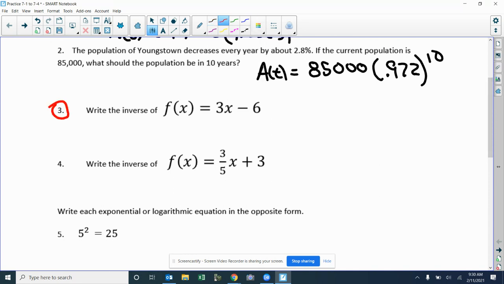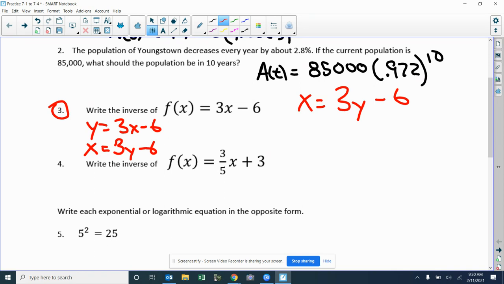So number 3, it is f of x, so we'll write it as y equals 3x minus 6. Then we're gonna switch the x and the y, so it's gonna be x equals 3y minus 6. I'll write that over here. So now I'm gonna add 6, so I'm gonna have x plus 6 equals 3y.